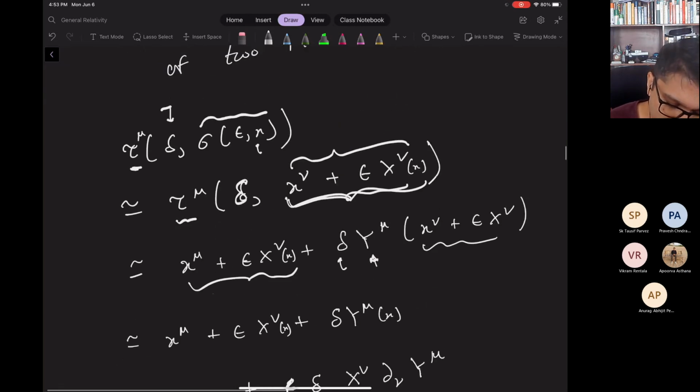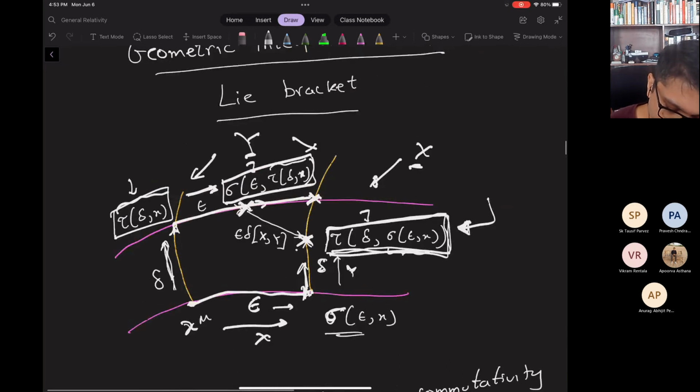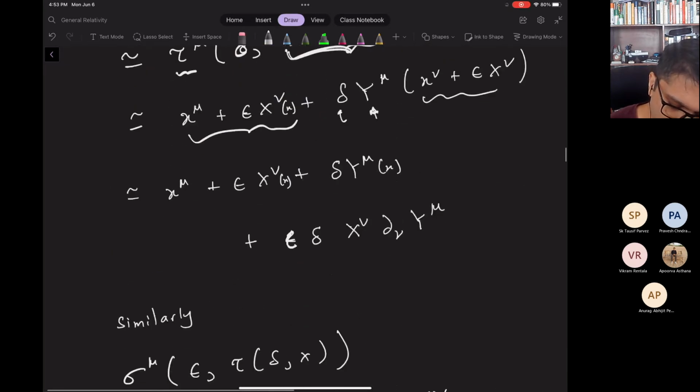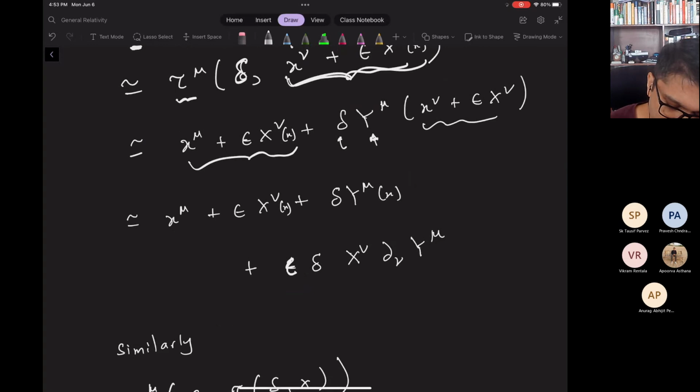So in coordinates, the point τ^μ that I ended up at has coordinates x^μ plus epsilon X^μ.